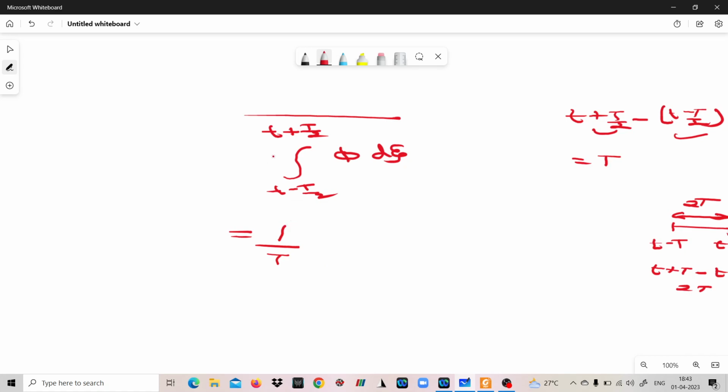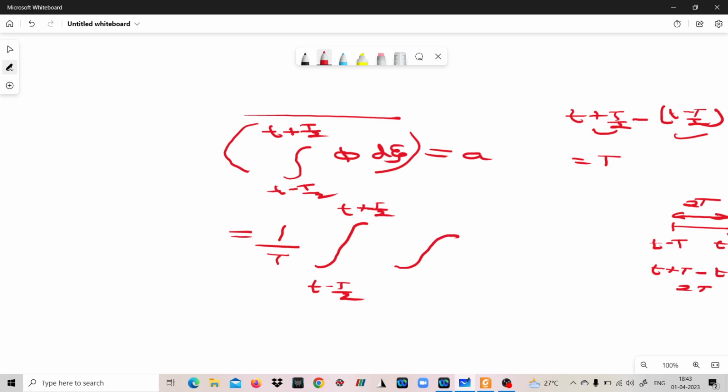So see, you are finding the average. Now this entire integral is suppose our a, that parameter. So 1 by T integration from t minus T by 2 to t plus T by 2 of a dt. So what is a? a is this entire quantity.